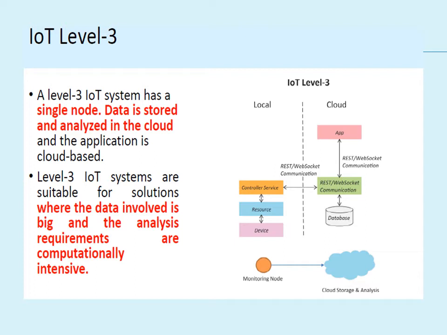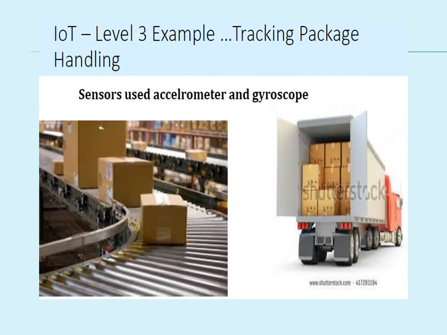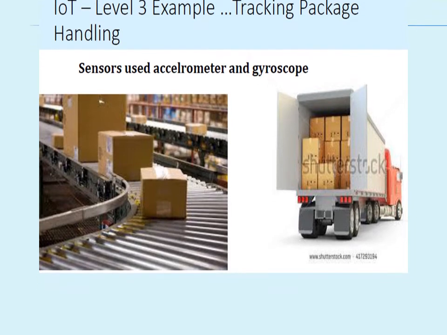Some examples of IoT level 3 are sensors used in accelerometers or gyroscopes, or tracking packages.